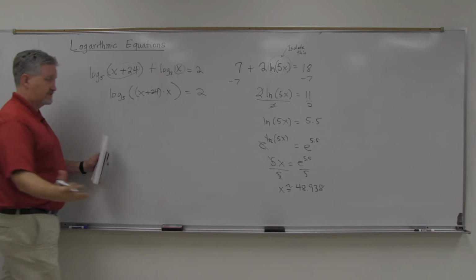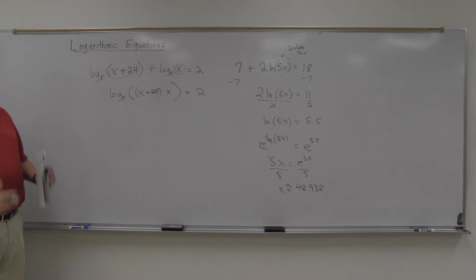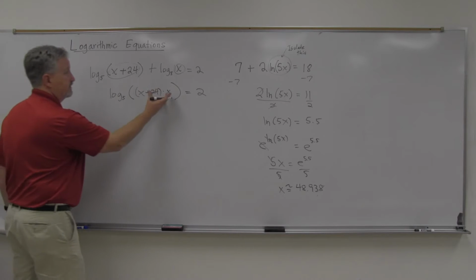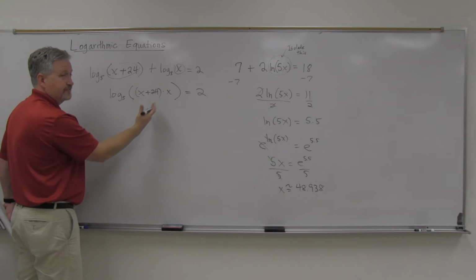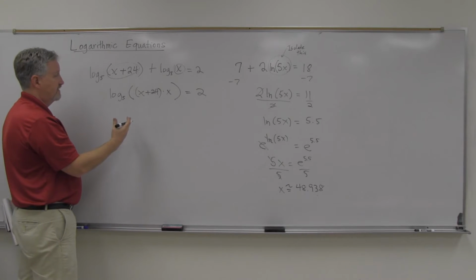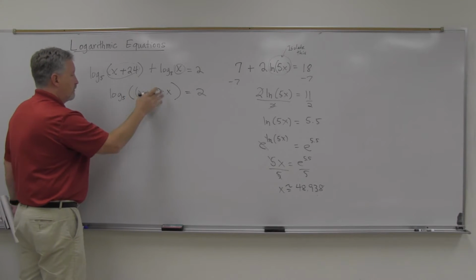Yeah, we can do that. That's one of the properties of logarithms. You just have to multiply here, which doesn't seem at all right, but that's what happens, right? We looked at those properties last time. That's what happens.